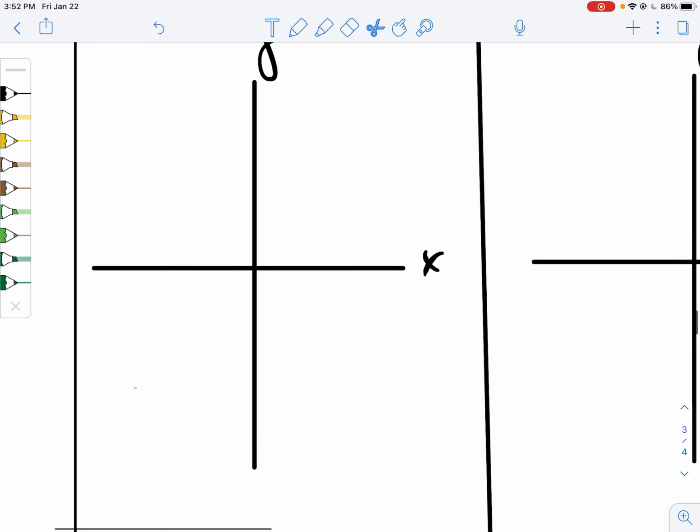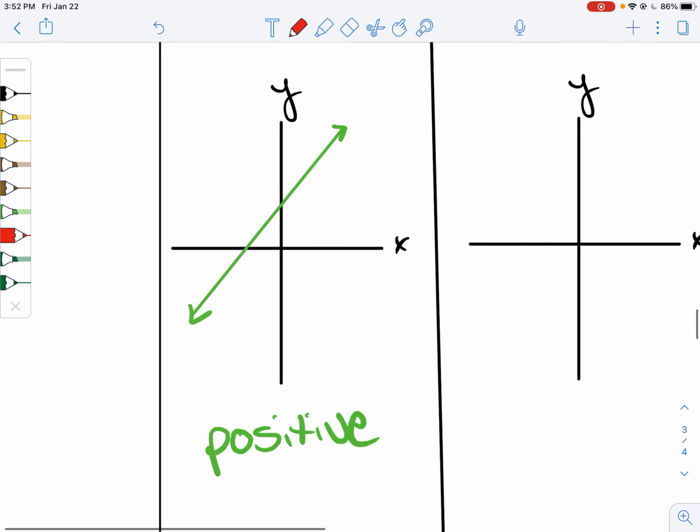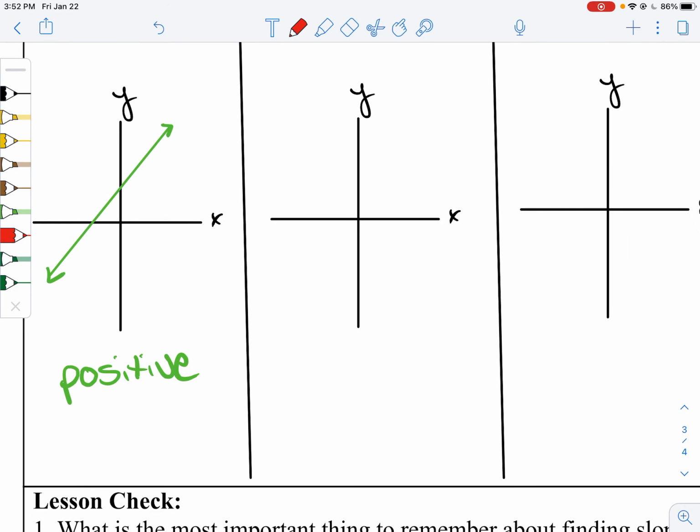It goes whoosh, pop, like that. If it's pointing up, we say this line has positive slope. On the other hand, if you have a line that is pointing down, like that, we say that line has negative slope.